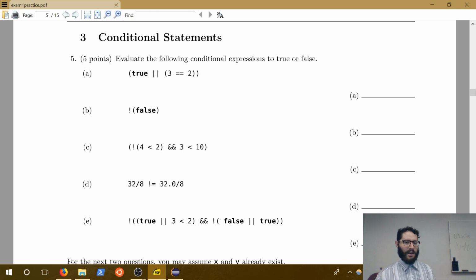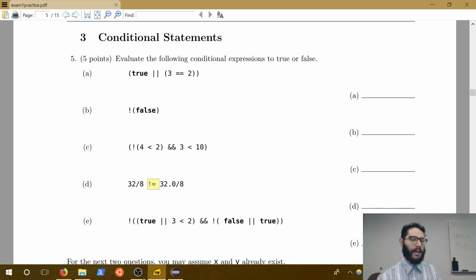This one's a bit trickier. So 32 divided by 8 not equal to 32.0 divided by 8. Because this is something we haven't had to check yet, and your instincts might be going yes or no. So let's reduce this to an easier question, right? Because right now this not equal is going to drive us crazy.